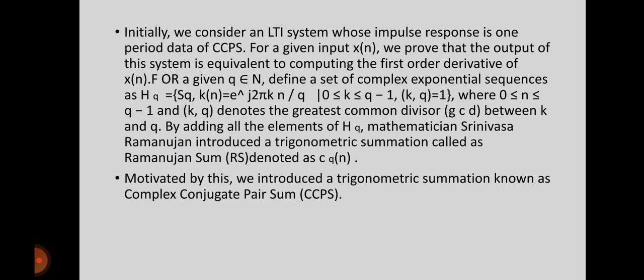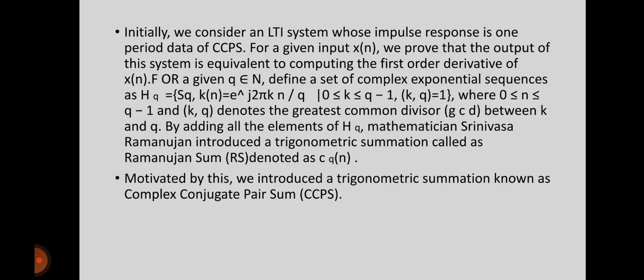For a given q belongs to N, define a set of complex exponential sequences H suffix q, where s q comma k of n is equal to e power j 2 pi kn by q, where 1 is less than or equal to k less than or equal to q minus 1, and the GCD, the greatest common divisor, between k and q is 1.